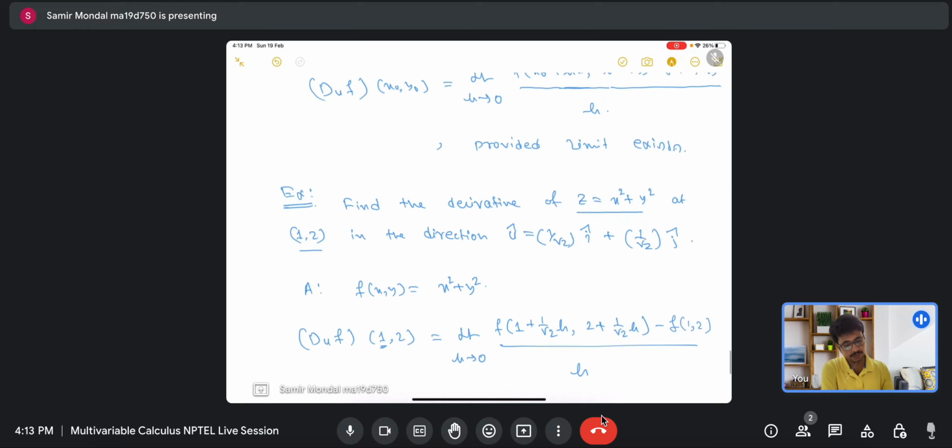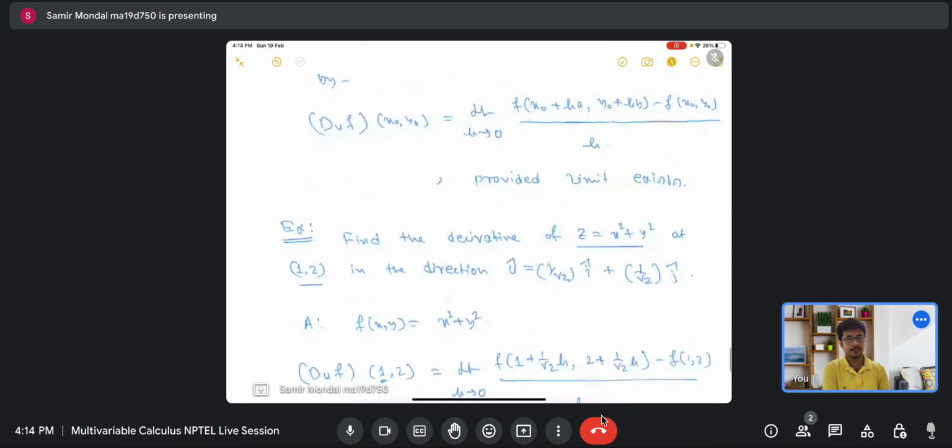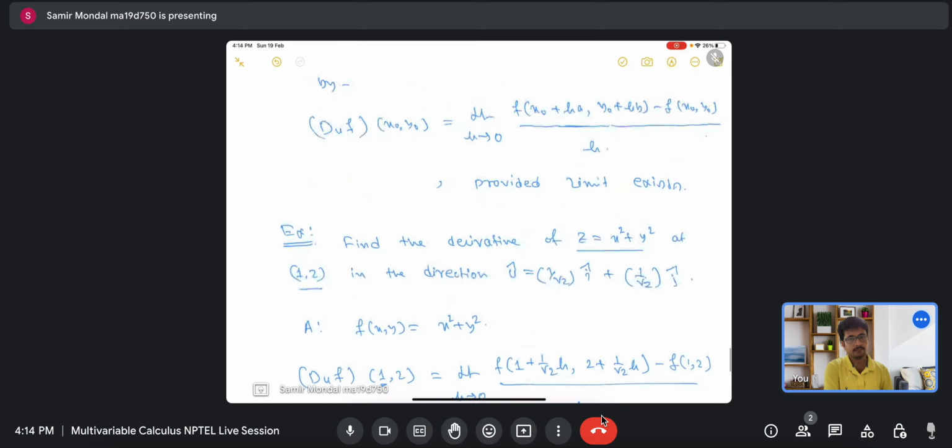I am writing this formula only, nothing else. Here x naught is 1, y naught is 2, and a is 1 by root 2, b is 1 by root 2. I am putting the values of x naught, y naught, a and b in this given formula.